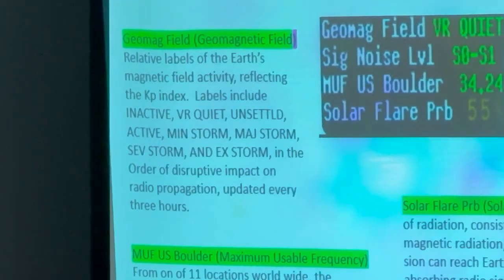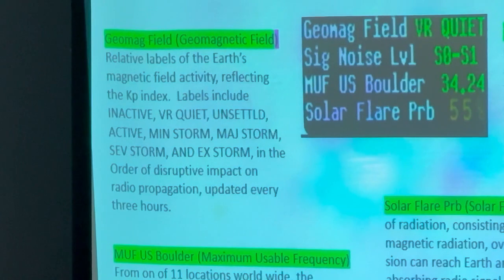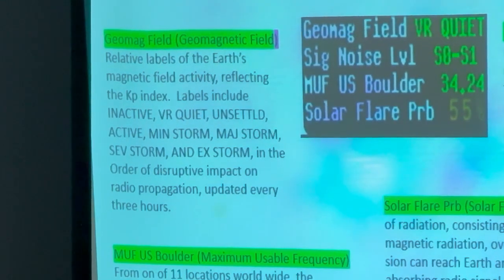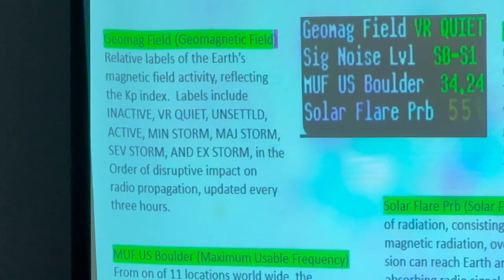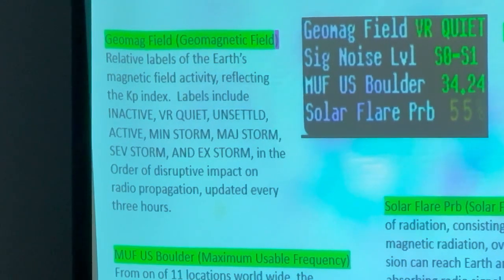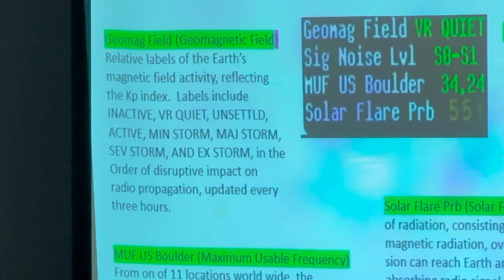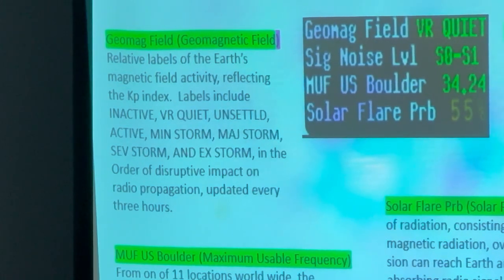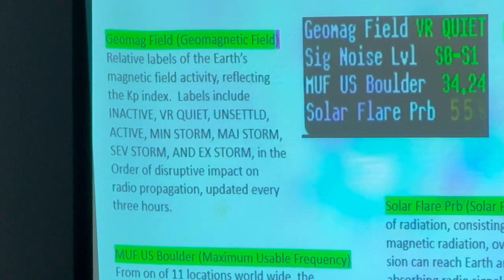There's inactive, very quiet, unsettled, active, minor storm, major storm, severe storm, and extreme storm. What you're hoping for is to find inactive, because that means the geomagnetic field is not working against you. As you go up the scale, each one makes your being able to make contacts a little bit more difficult.